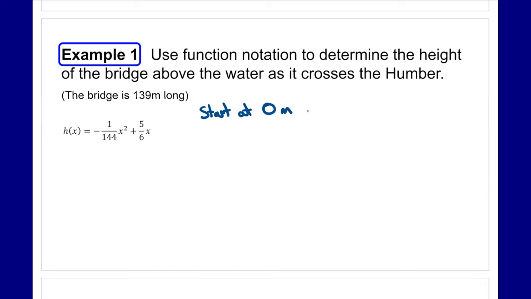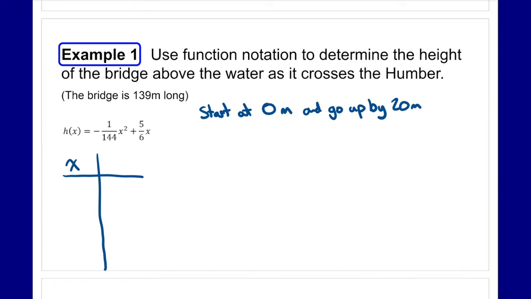We start at 0, and let's look at intervals of 20 meters, just as an example. That means we're going to create a table of values with x, and instead of y, we're going to write h at x. So the value when x is 0, when x is 20, when x is 40, 60, 80, and so on.